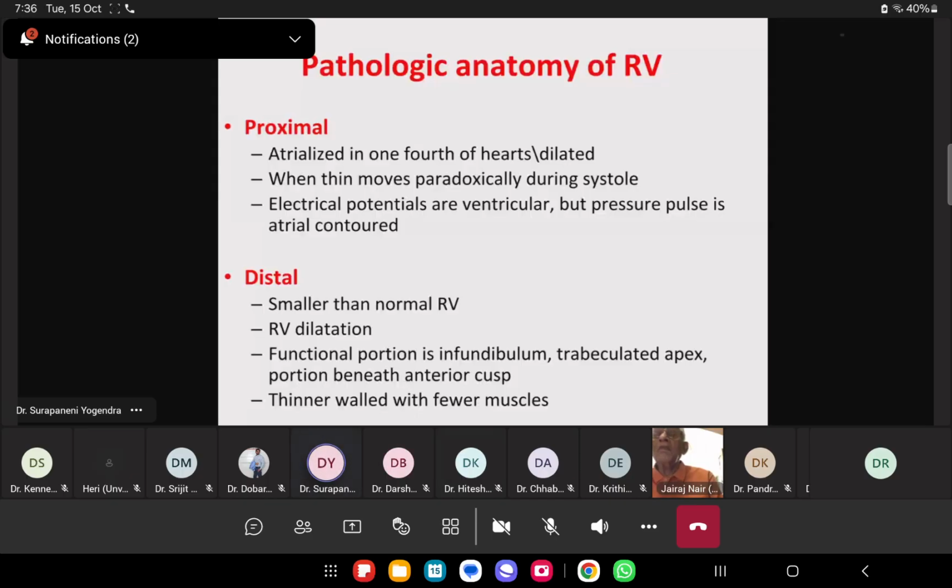The distal part of the RV is smaller than normal. The RV is dilated. The functional portion is the infundibulum, the trabeculated apex, and the portion beneath the anterior cusp. It has a thinner wall with fewer muscles.